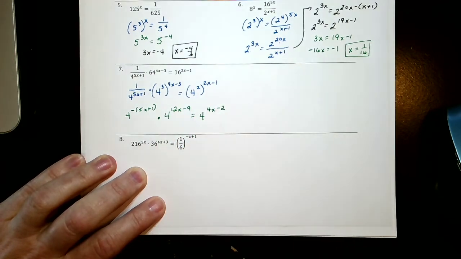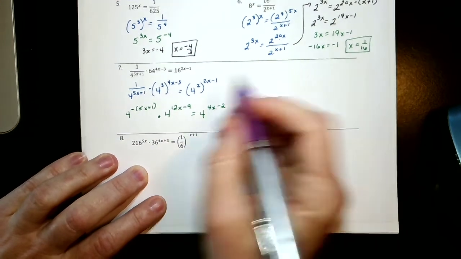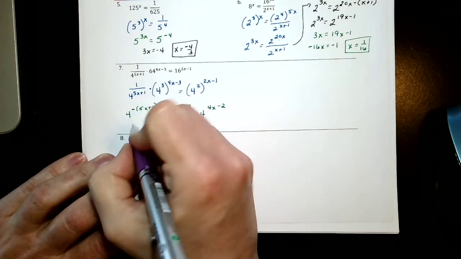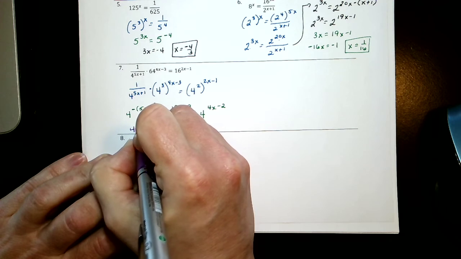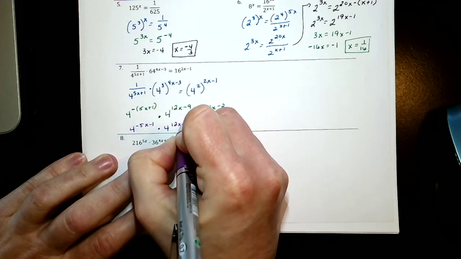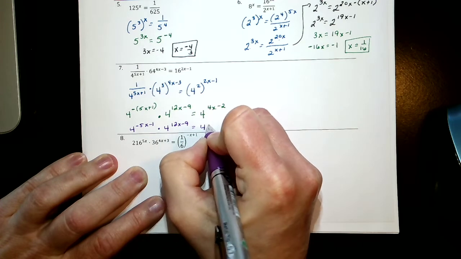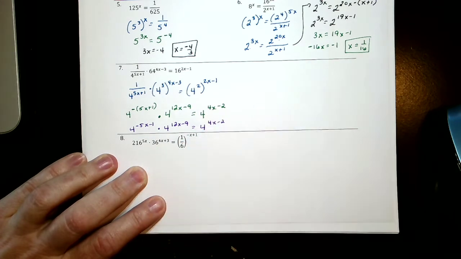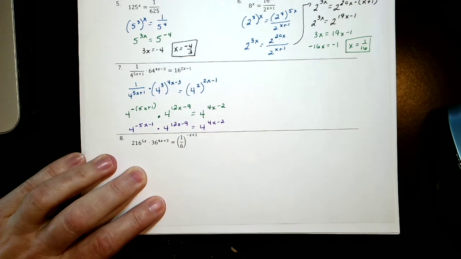And I'm going to do one more step on the side before I move over. I'm going to distribute this negative. So I have 4 to the negative 5x minus 1 times 4 to the 12x minus 9 equals 4 to the 4x minus 2.